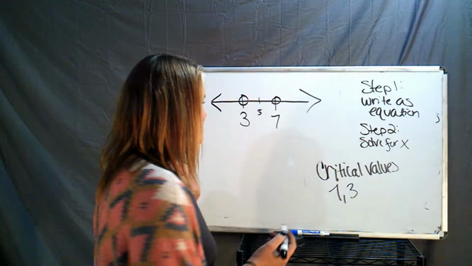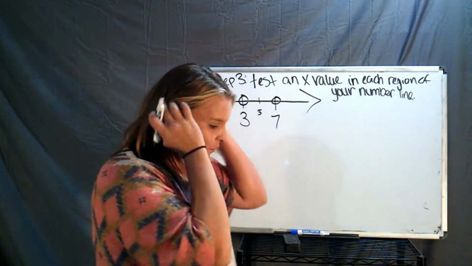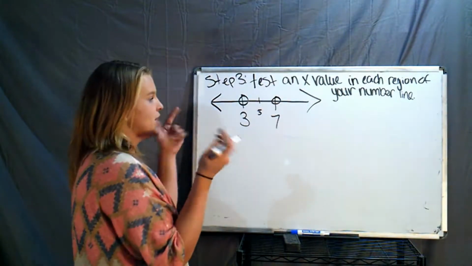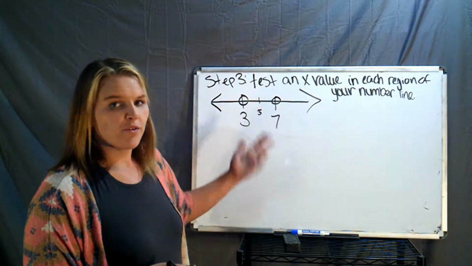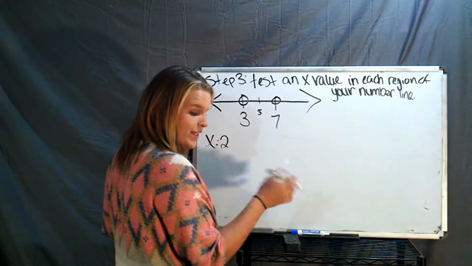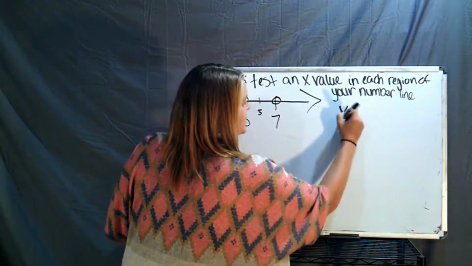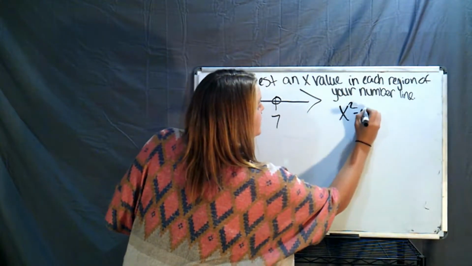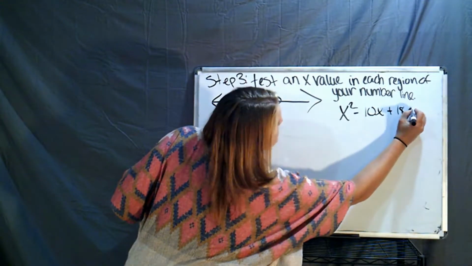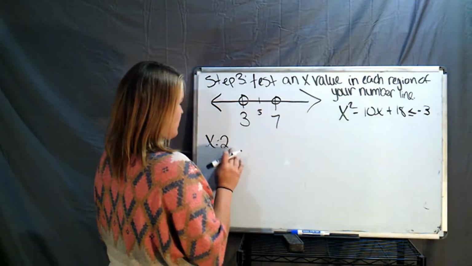So step 3, fun. Let's start with this region on this side of 3, and I'm just going to go with the first number to the left of 3, which would be 2. So x equals 2. You plug that into your original inequality, x squared minus 10x plus 18 is less than or equal to -3.